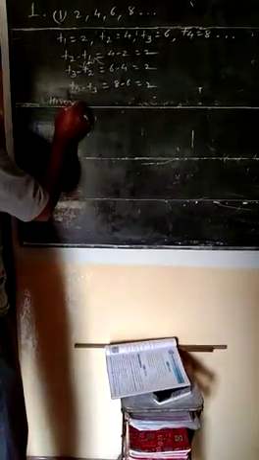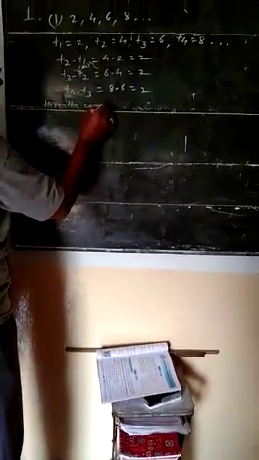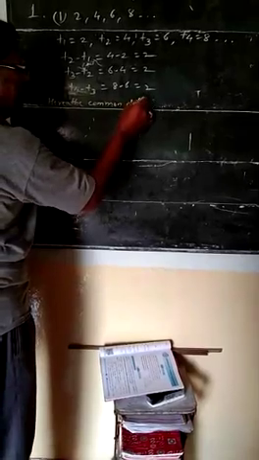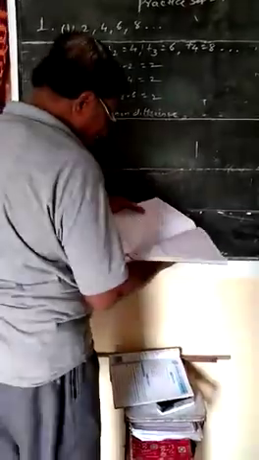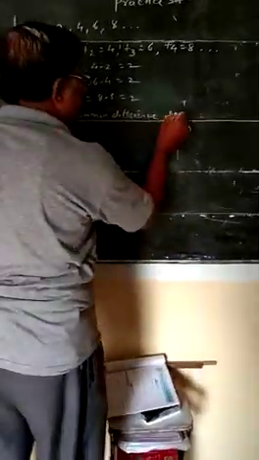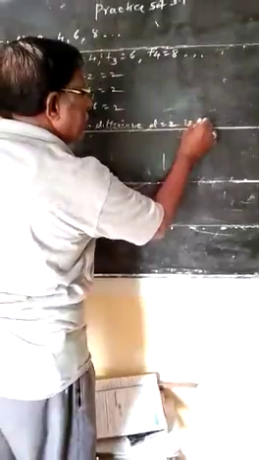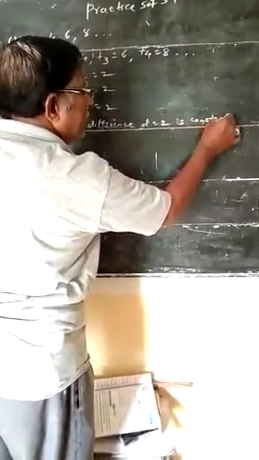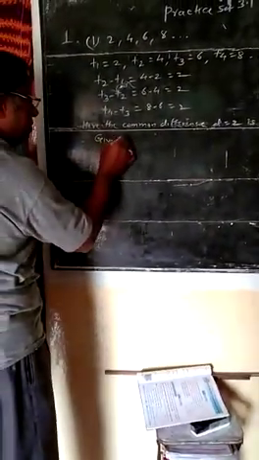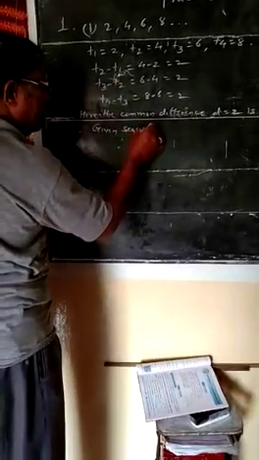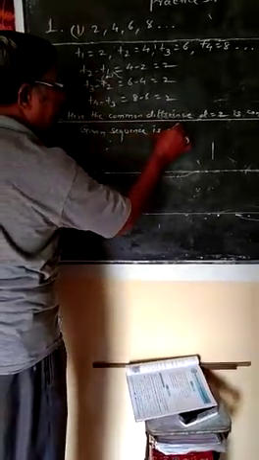Then here the common difference d is equal to 2, which is constant. Therefore the given sequence is an AP.